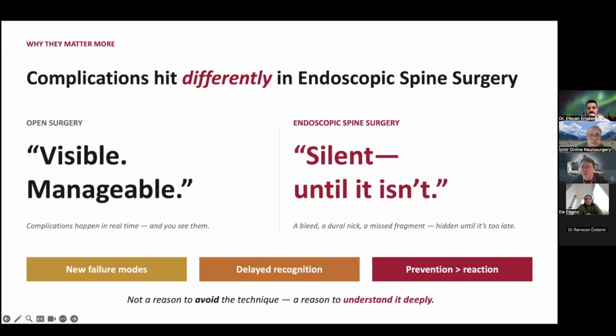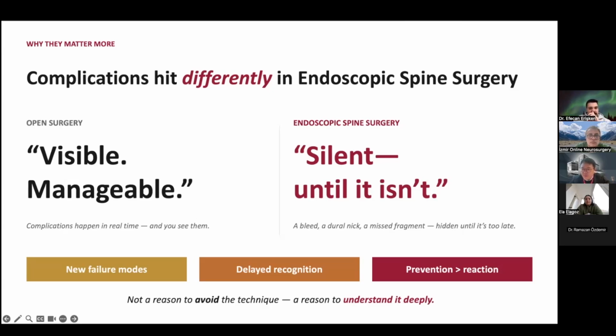These kinds of problems are usually hidden until we find them delayed. So endoscopic spine surgery related complications are fundamentally different from open procedures. Because of its limited workspace, limited instruments, unique water dynamics, and steep learning curve, they are totally new failure modes. And they typically get delayed recognition.